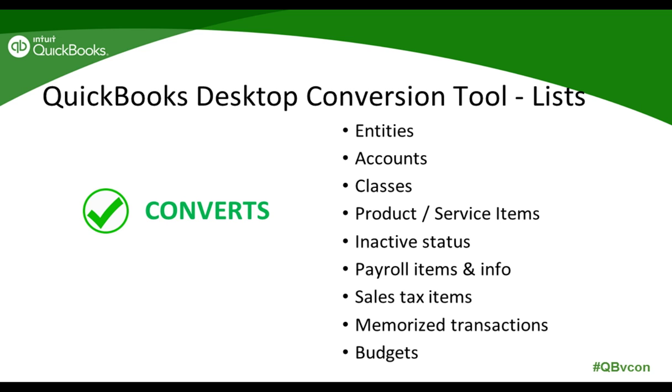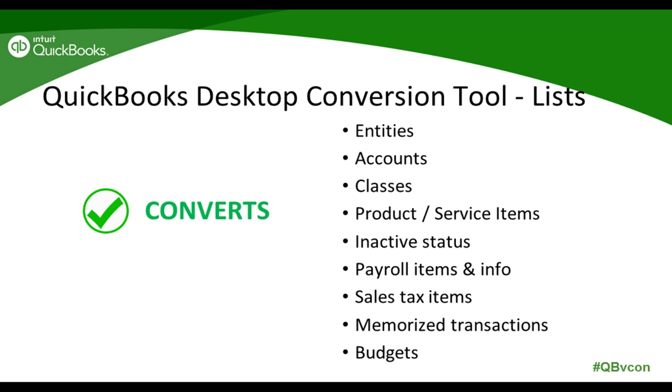In QuickBooks Desktop, if you had a sales tax item, then in QuickBooks Online, when you navigate to the Sales Tax Center, you'll see that has converted over as a single sales tax rate. If in QuickBooks Desktop you had a sales tax group, then you will see in QuickBooks Online that it converted in the Sales Tax Center as a combined sales tax rate.